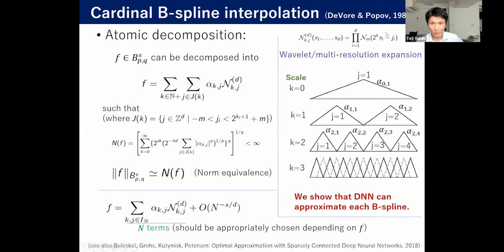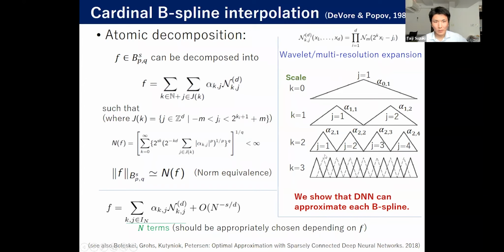So this is basically the tensor product. And moreover, we consider different scalings and different shifts, different locations. So from one B-spline basis function, you can create many basis functions: you can change the scaling, and you can change the location where the cardinal B-spline is put. Then you can generate many basis functions. This is called wavelet expansion, or wavelet basis functions.